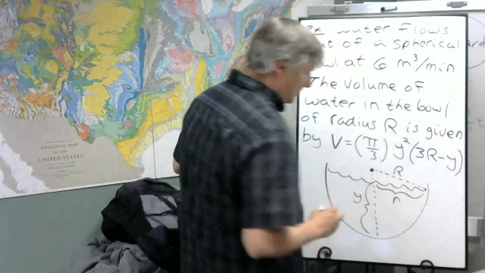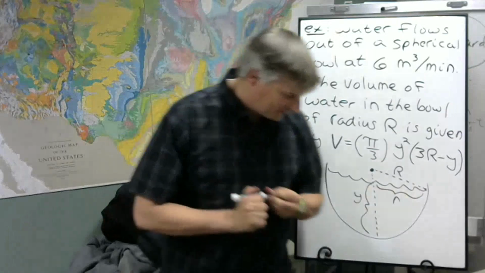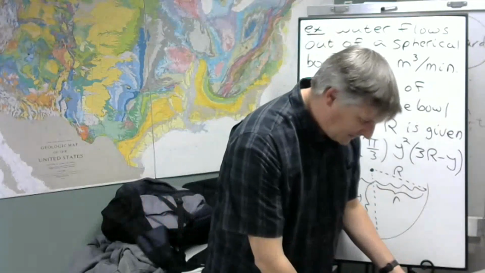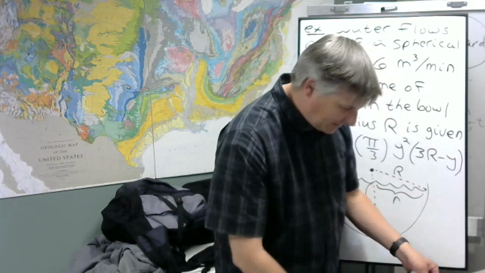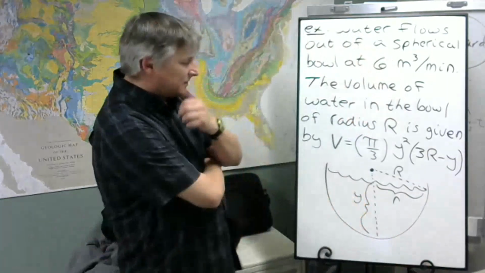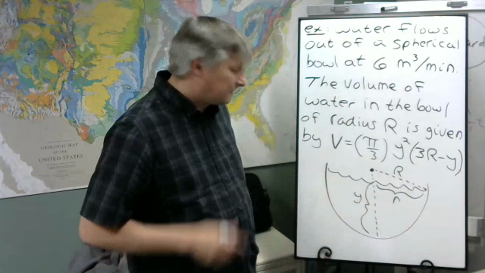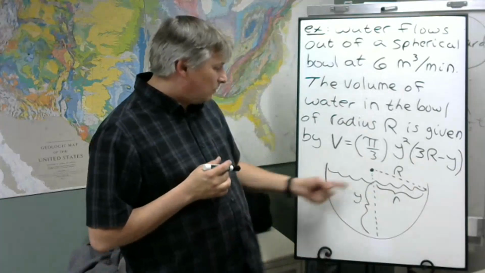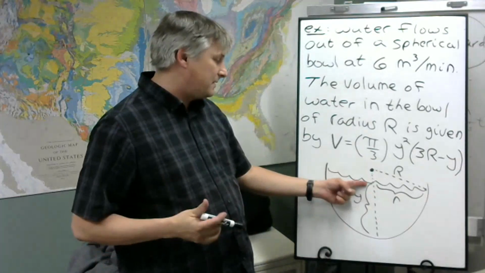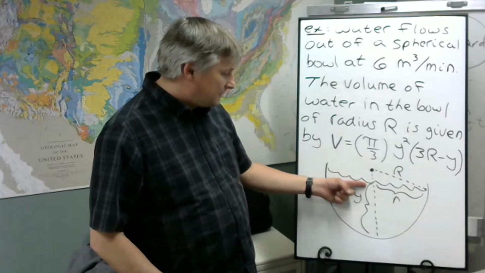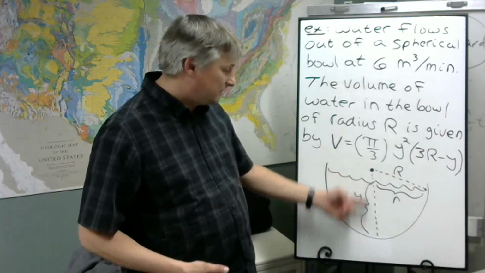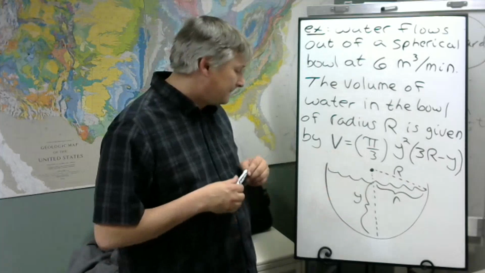And they also give us another value, a lowercase r. Let me just check where this r plays a role. Yes, so r is going to be for another part of this problem. We'll deal with lowercase r later. But y is basically the water line, the water level, and tells you how deep the little pool is in this bowl.